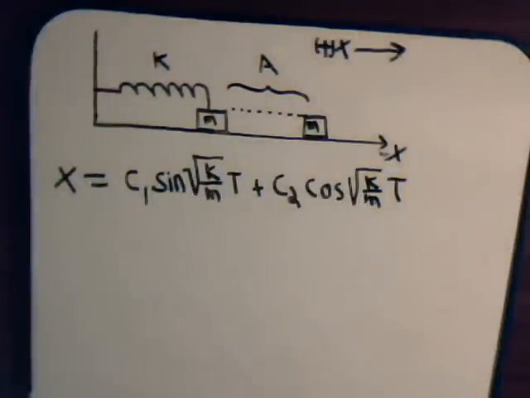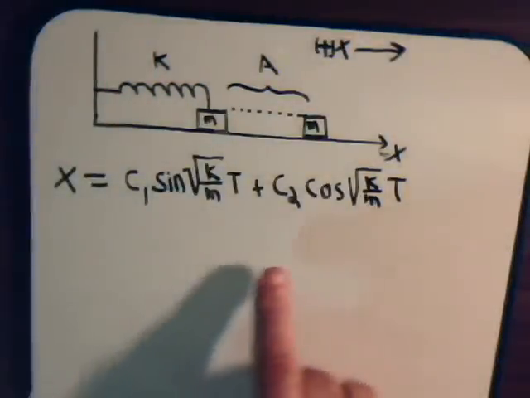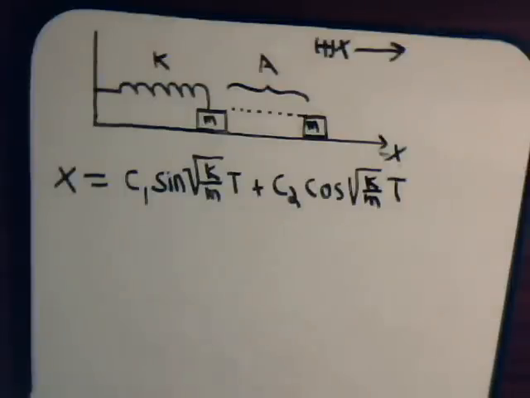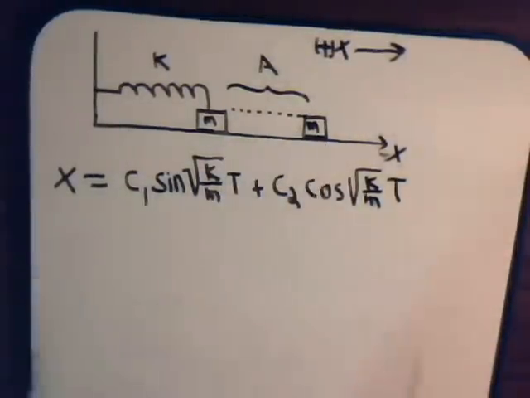Again now, these constants C1 and C2 can be completely arbitrary. So since they're arbitrary, let's choose them like this. The amplitude of the motion, that's A. So let's set it up.